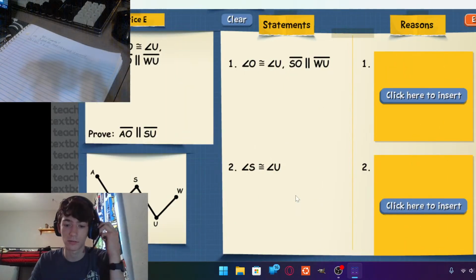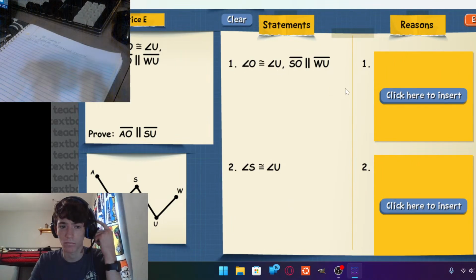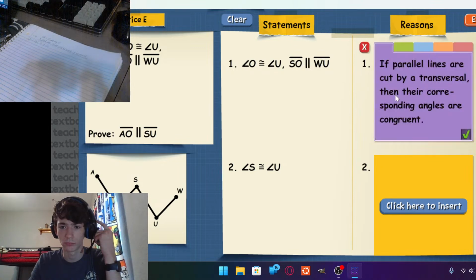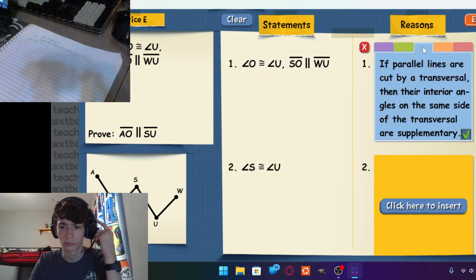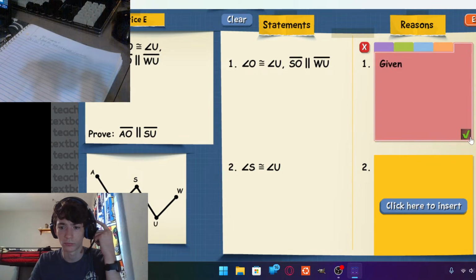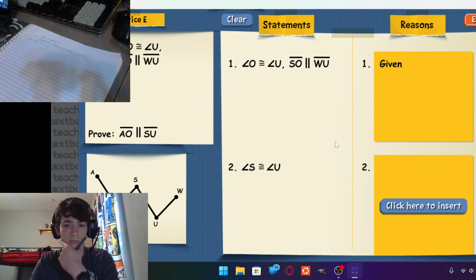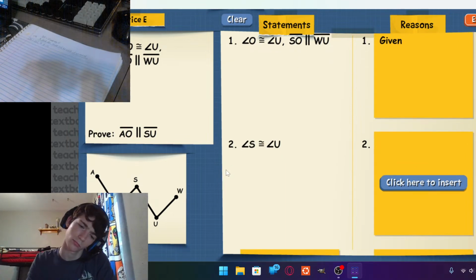Sometimes they're fun. You need to do this proof. You're given that angle O is congruent to angle U, and segment SO is parallel to segment WU. And you need to prove whether segment AO is parallel to segment SU. I don't know.